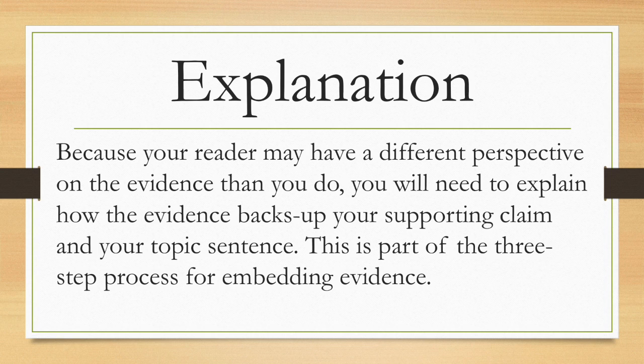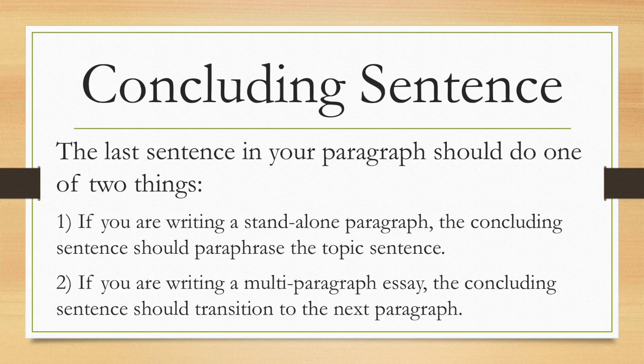And then the explanation sentences. Because your reader might have a different perspective on the evidence than you do, you're going to need to explain how the evidence backs up your supporting claim and your topic sentence. And this is part of the 3-step process for embedding evidence as well. So it's very important that you have explanation, otherwise your reader might not get your point. And then your concluding sentence is the last sentence in your paragraph, and it can do one of 2 things.